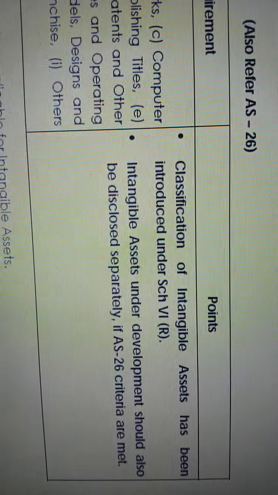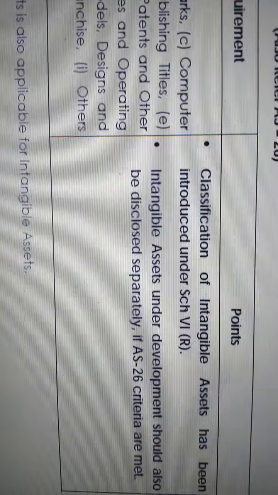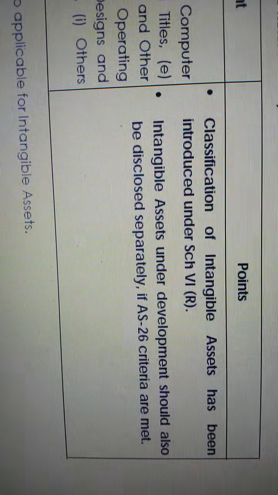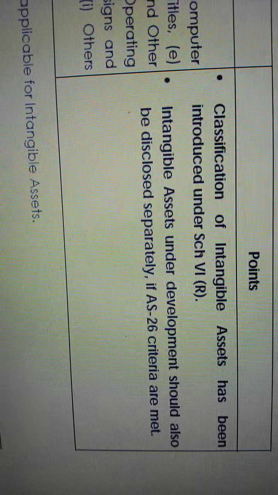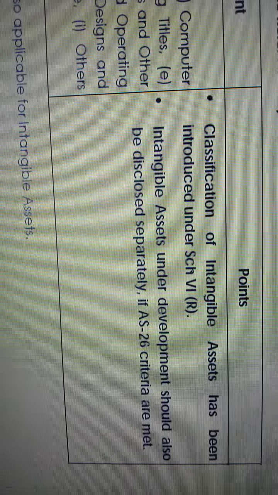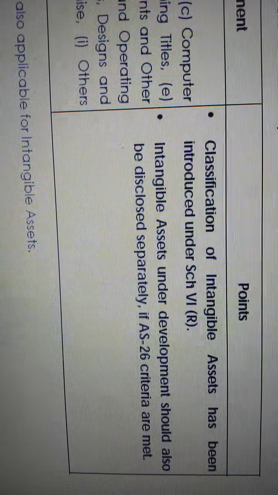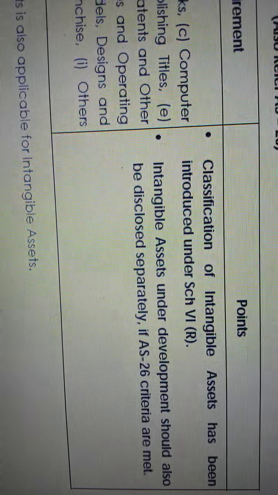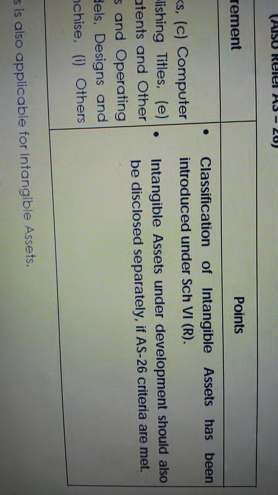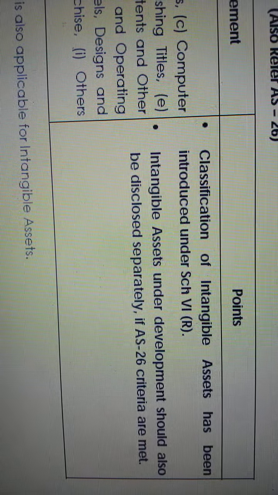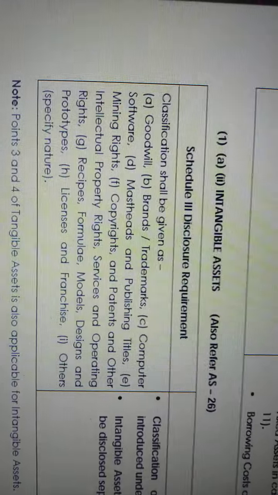So the classification of intangible assets should be presented separately. And intangible assets under development should also be disclosed separately if AS 26 criteria are met. AS 26, leave it as of now, that is not in your syllabus. So if it is intangible assets under development as per AS 26, that also should be presented. Okay, separately.